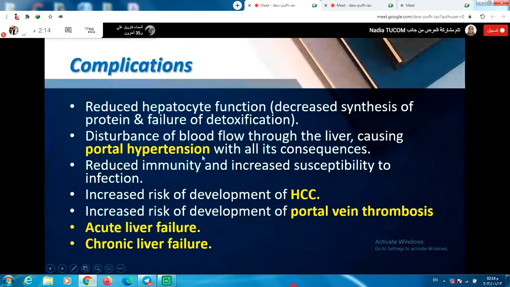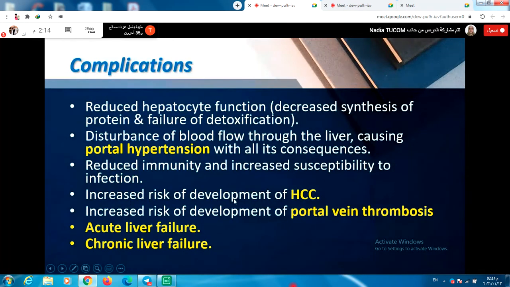with resultant esophageal varices, hemorrhoids, and dilatation of blood vessels around the umbilicus, which is called caput medusae. Reduced immunity: immunoglobulin production is reduced, increasing the susceptibility of people with cirrhosis to infection.